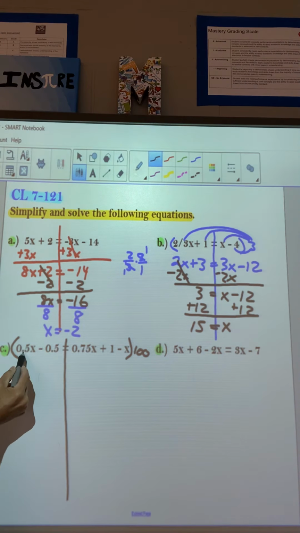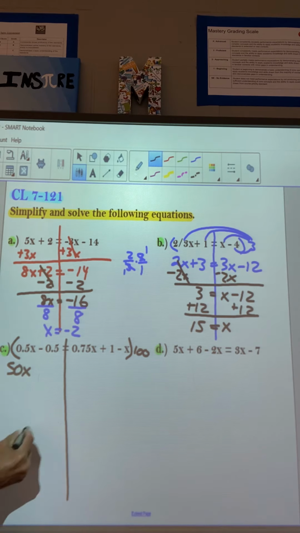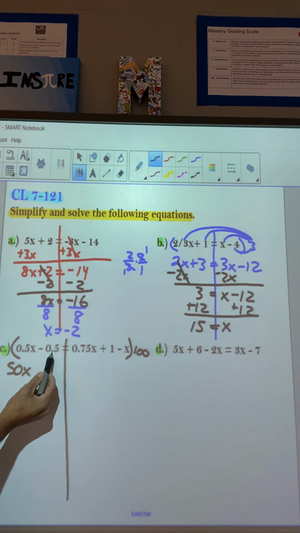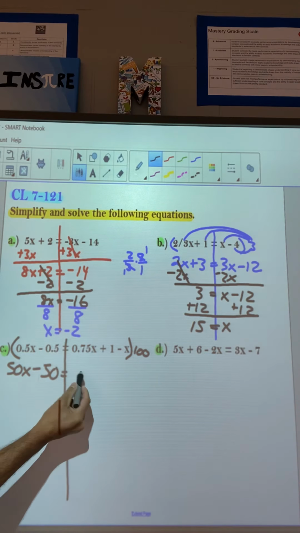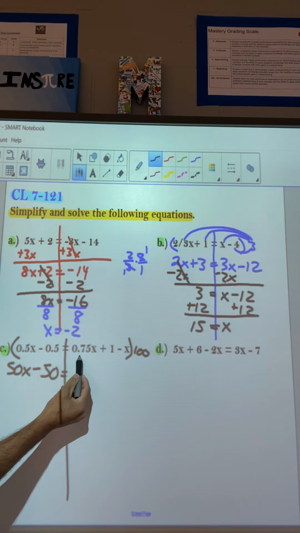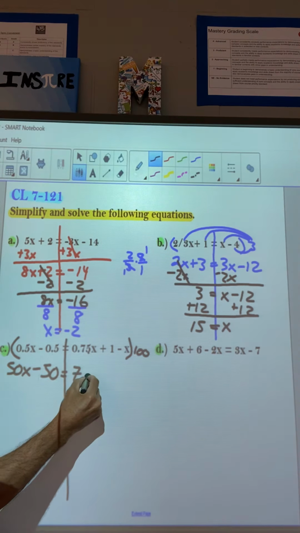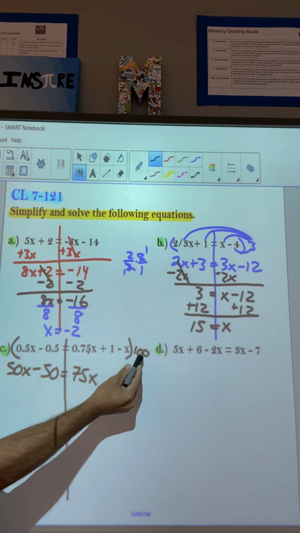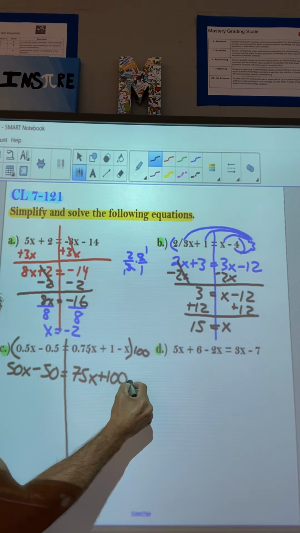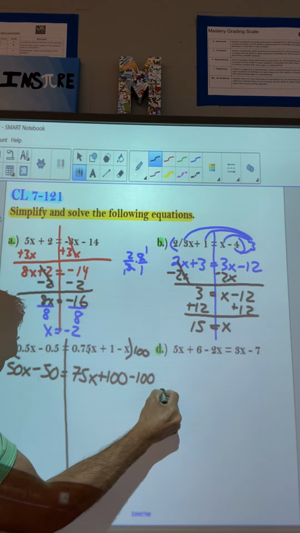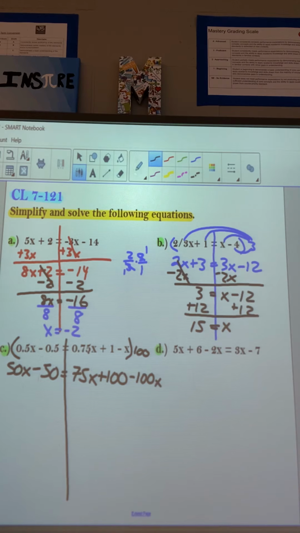So 100 times this, that means I move this over twice, turns that into 50x. 100 times this one, move it over twice, minus 50. 100 times this one, move it over twice, 75x. 100 times 1 is 100. 100 times minus x is 100x. Numbers are a little bit bigger, but we can manage this.